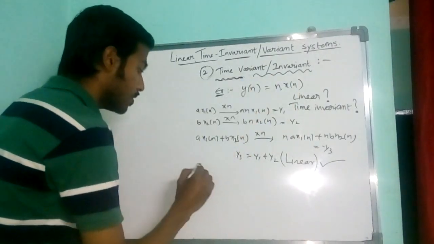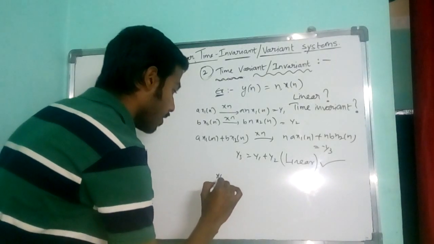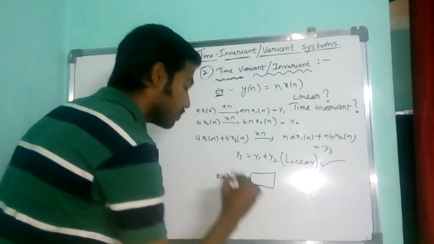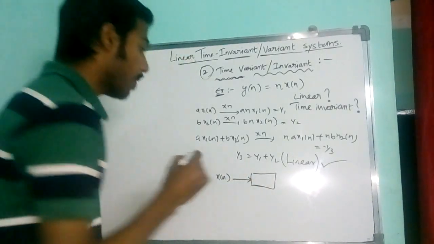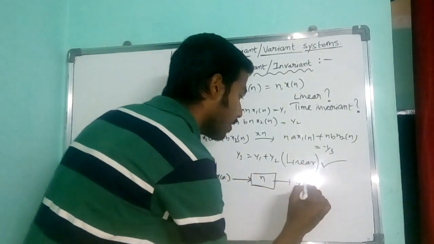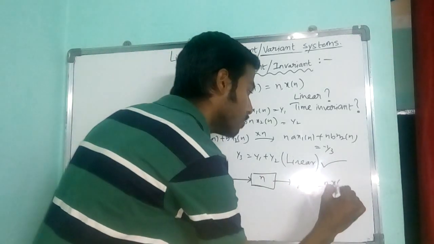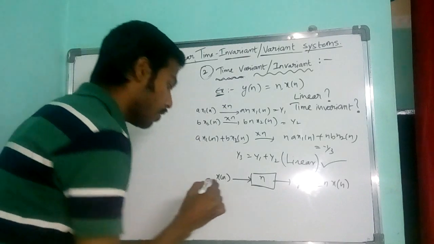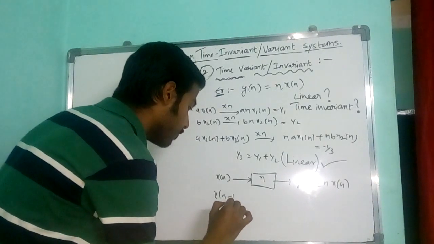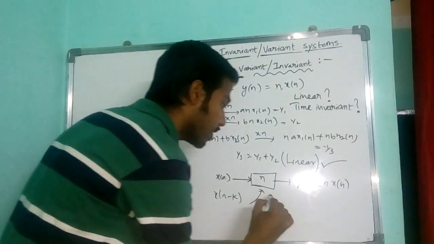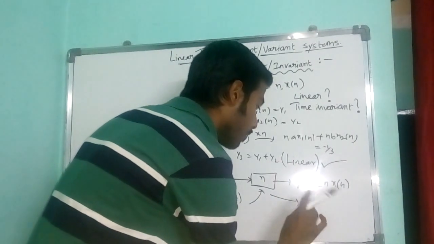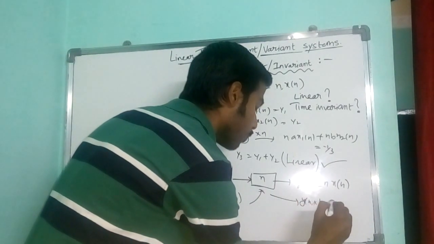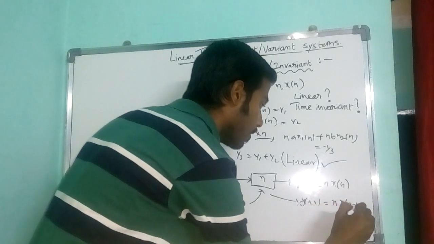First, x of n multiplied by n, we get y of n equal to n into x of n. Now we shift the input by k time units, so we get y of n comma k equal to n into x of n minus k.